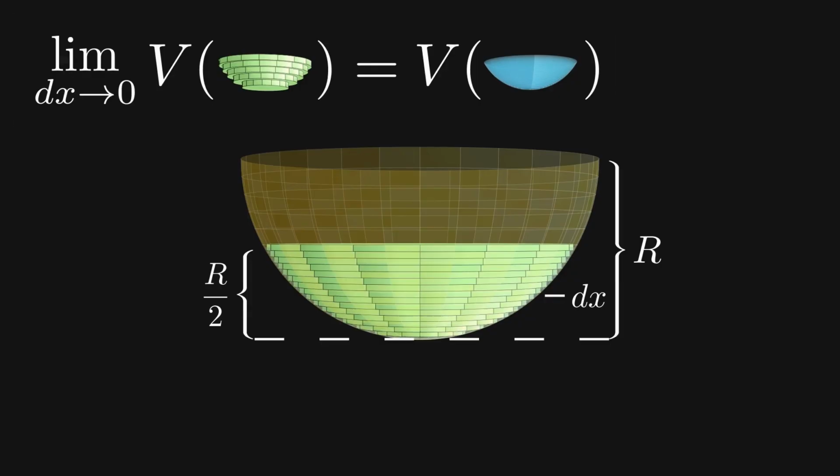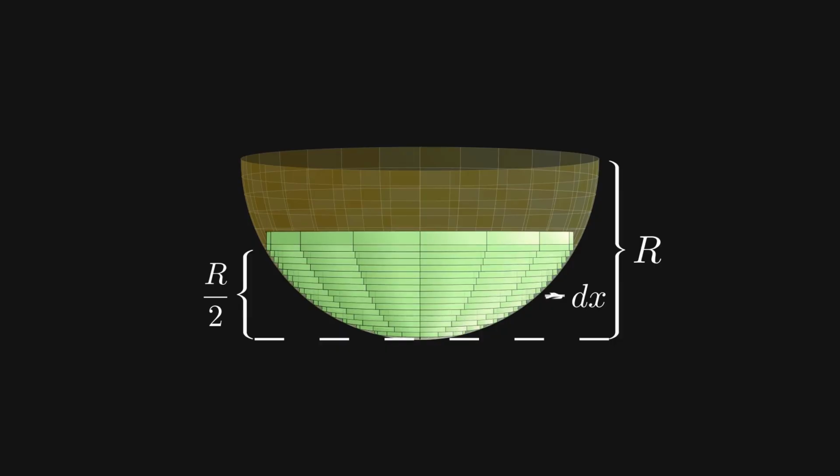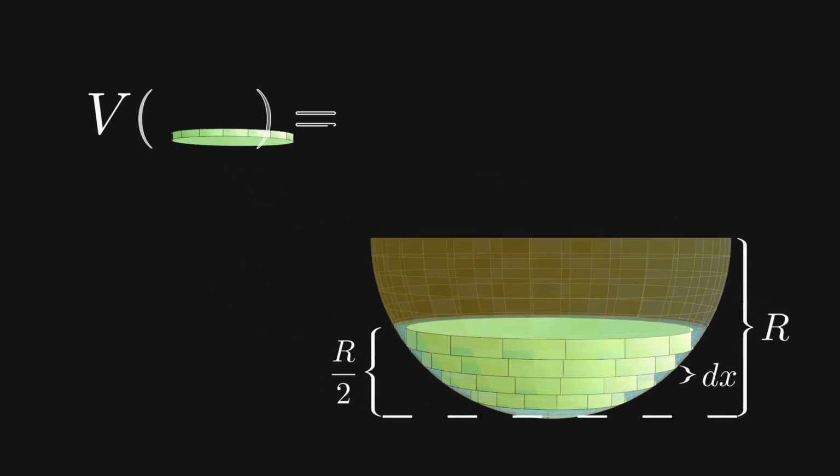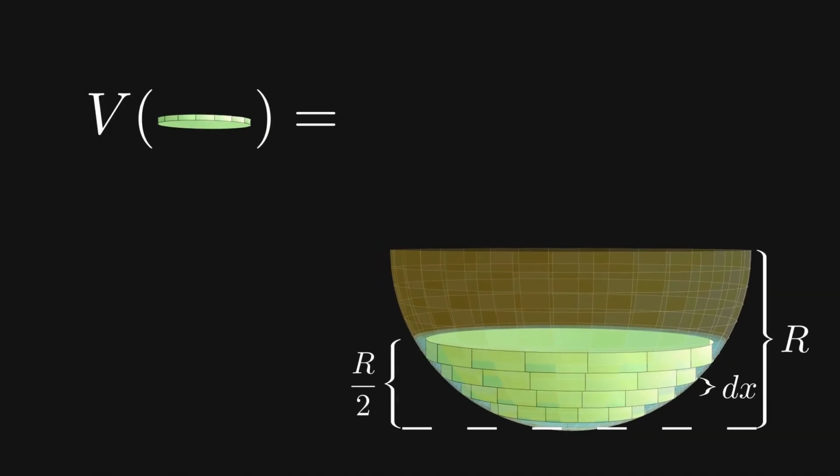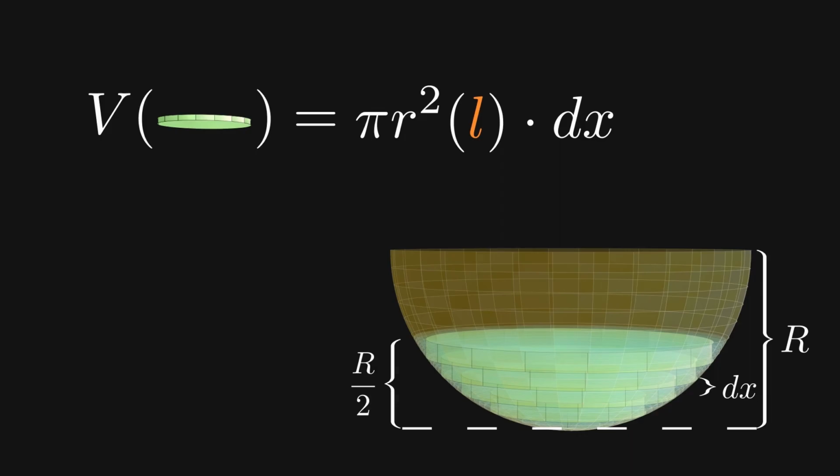But now we have to show it mathematically, and that is the most problematic part. We can observe that cylinders which approach the top of the ball have higher volume. So we want to find a formula for how this volume changes according to some length. Let's say, for example, we want to know the volume of each cylinder given how far it is from the bottom of the ball.